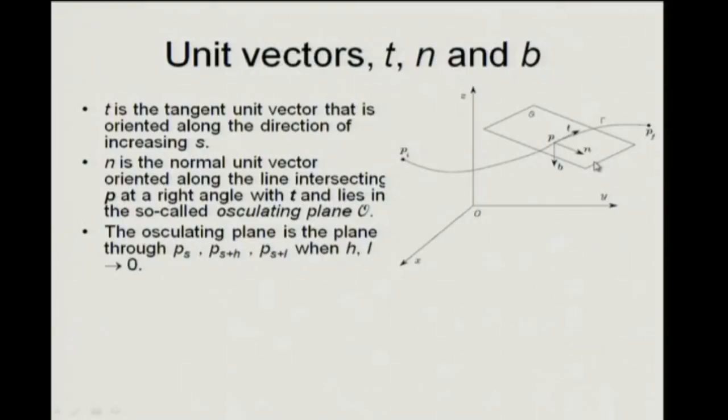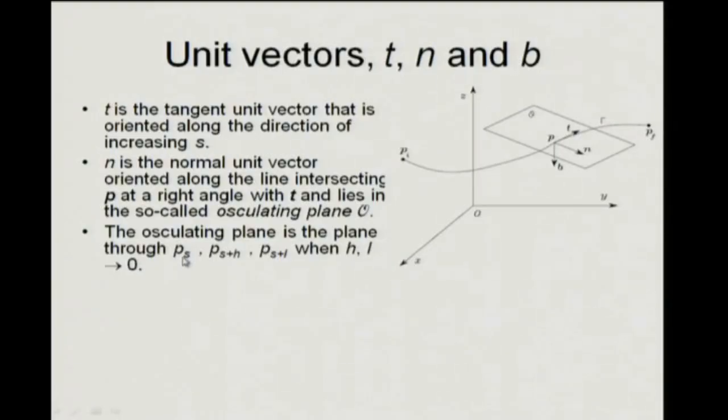So there is a concept of the osculating plane. If it is a circle, then there is no doubt. Now in a helix, what happens is you take this point P of s where you are trying to find the osculating plane, and you take two other points, s plus h and s plus l, which are in the vicinity. So I have 3 points, so I can define a plane.